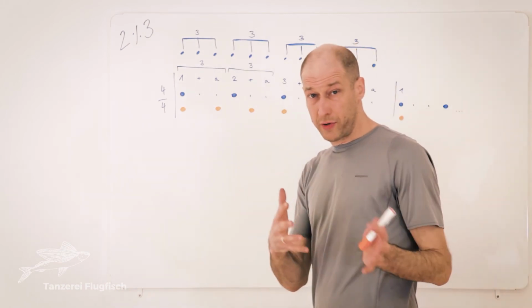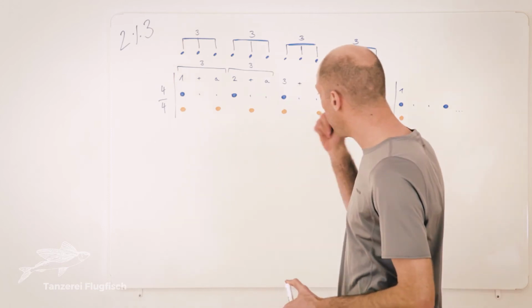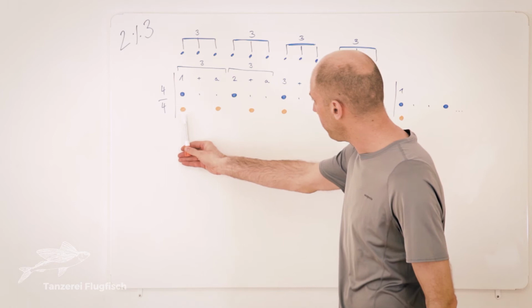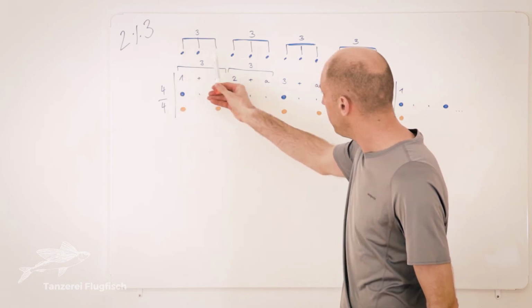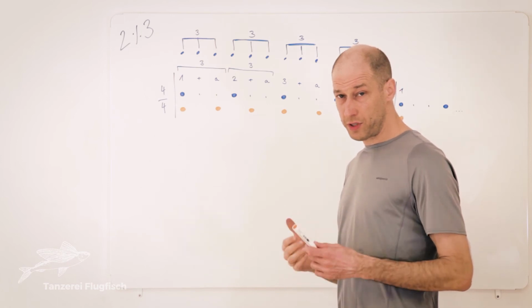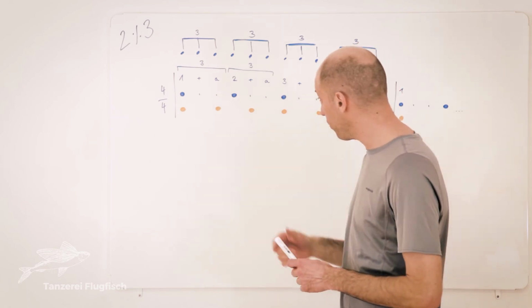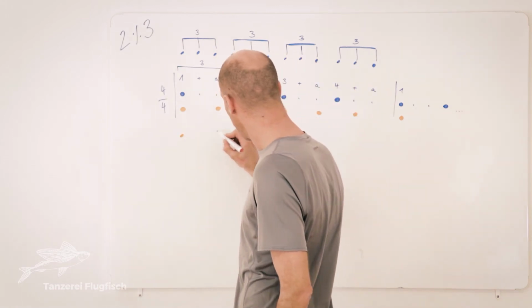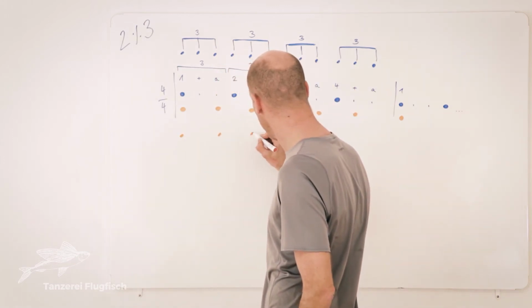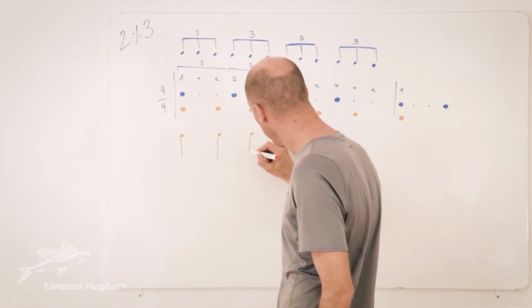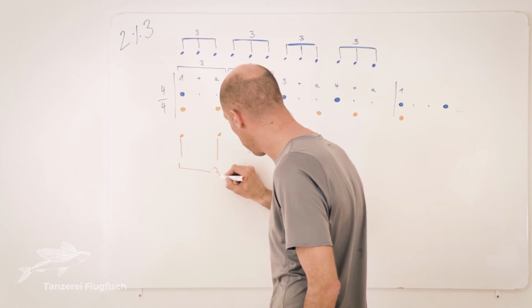On the theoretical side, it's really good to know that we are now hitting every second 8th note triplet, and the music theory way to write this down would be to use quarter notes as a symbol and mark these as triplets.